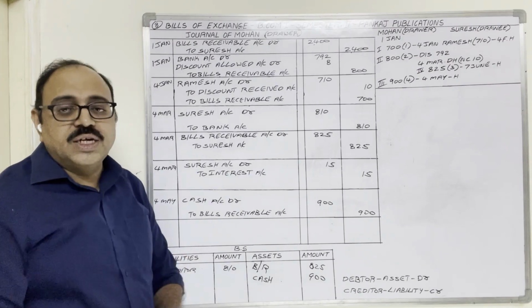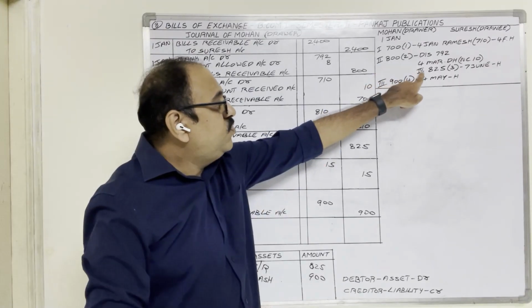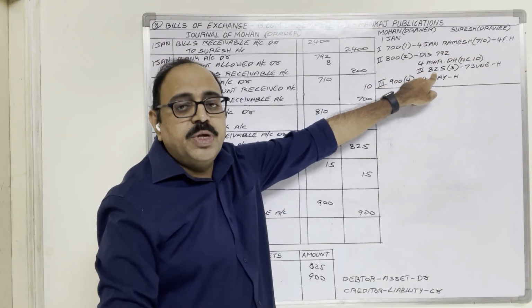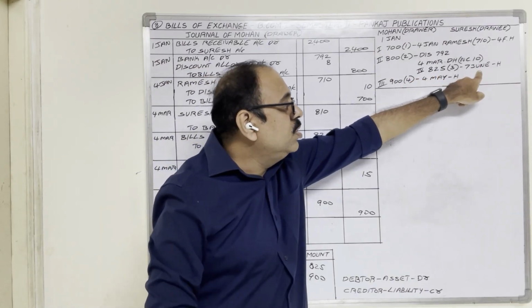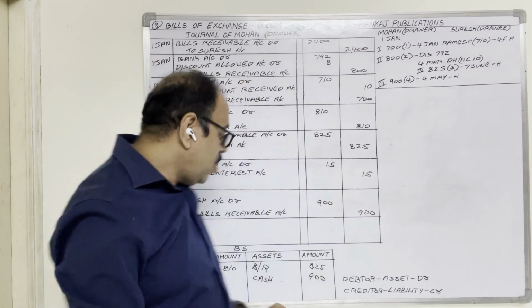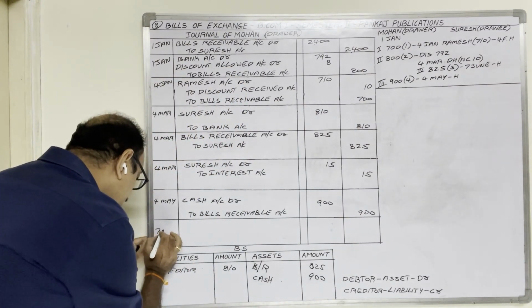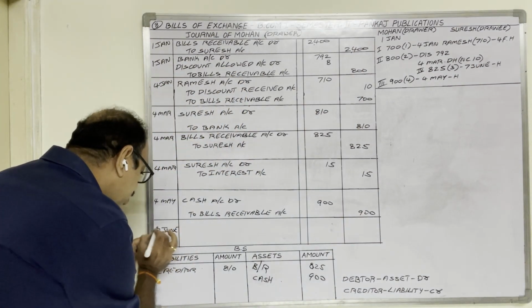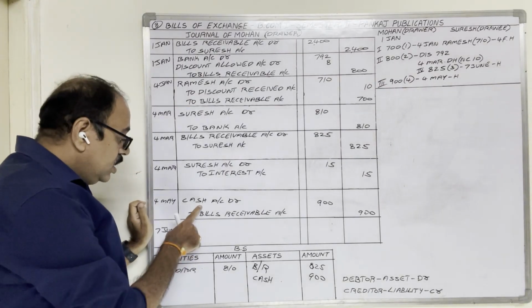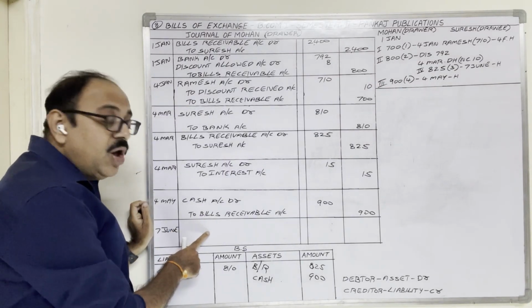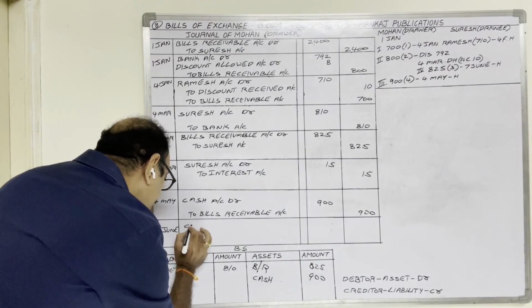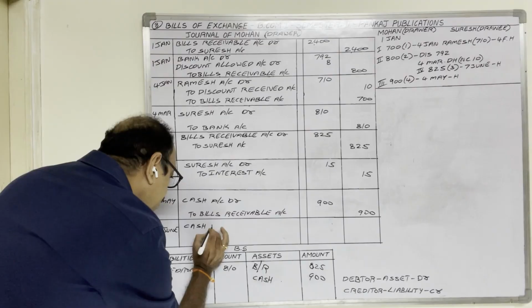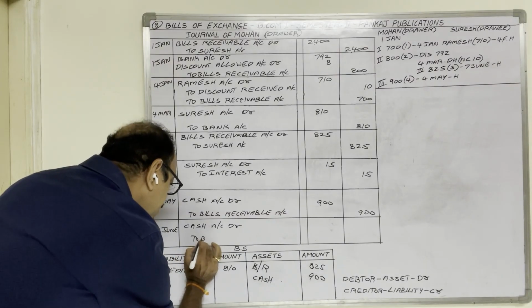Now come to last entry. This fourth bill is there, no, 825 rupees worth bill. On the due date of this bill, 7th June, bill is honored. So on 7th June, for honor of this fourth bill, we have to write the entry. Third bill honor entry, fourth bill honor entry, both will be the same only. So entry is same. Cash account debtor to bills receivable account.